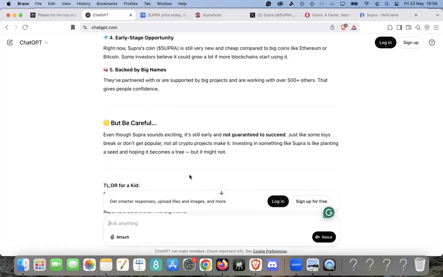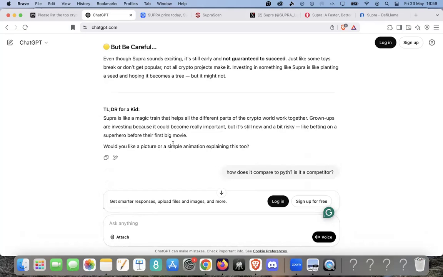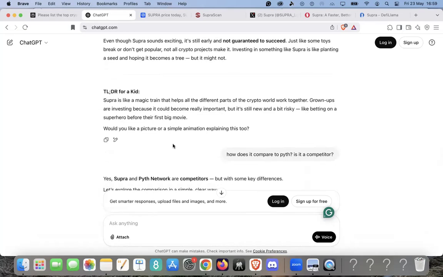Investing in something like Supra is like planting a seed and hoping it becomes a tree, but it might not. And for a kid, Supra is like a magic train that helps different parts of the crypto world work together. Grown-ups are investing in it because it can become really important, but it's still new and a bit risky, like betting on a superhero before it becomes a movie.